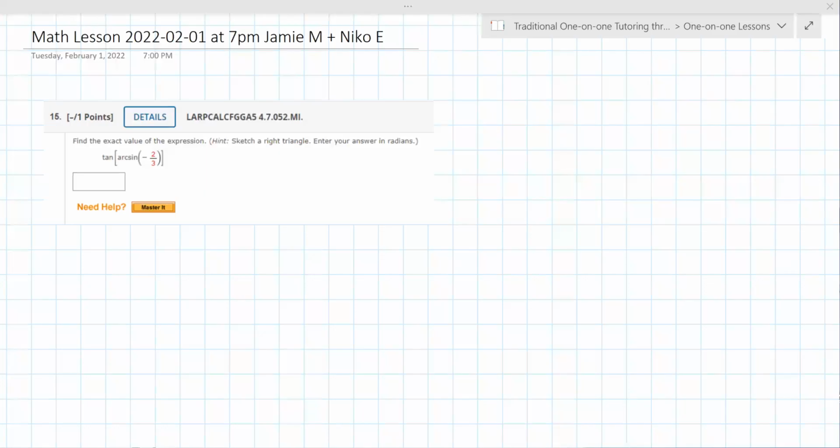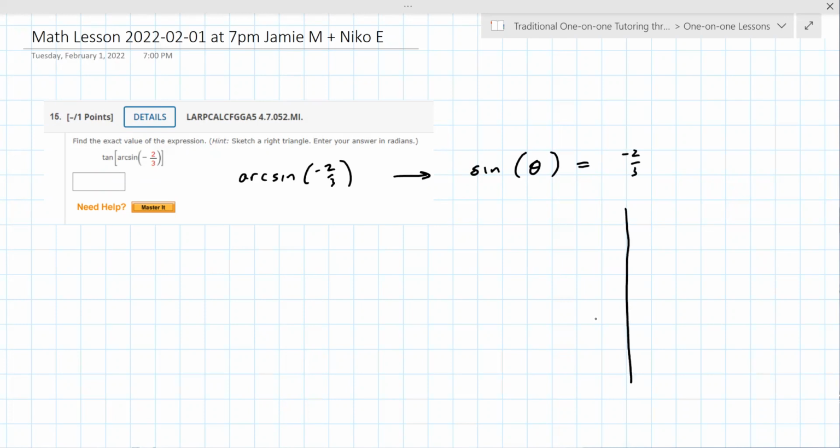Okay, find the exact value of the expression. So it starts out with this arc sine of -2/3. And really what this is saying is the sine of some angle, which we don't know, is -2/3. You guys know from last time that sine is negative in ASTC, so sine could be negative either in the third or the fourth quadrant.